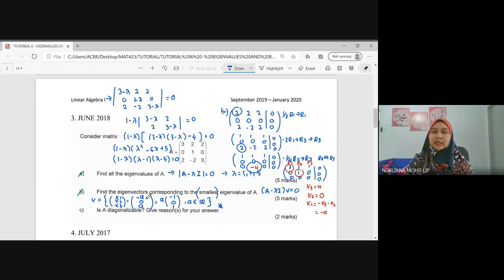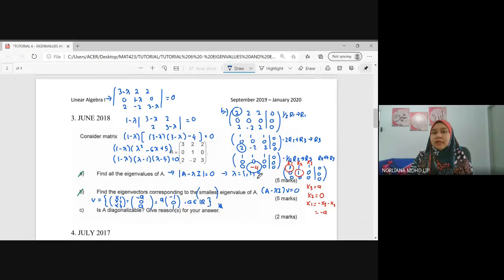Kita mention apa tadi? The n times n matrix kan? Must have n distinct eigenvalues. So kat sini awak ada berapa eigenvalues? 3 kan?